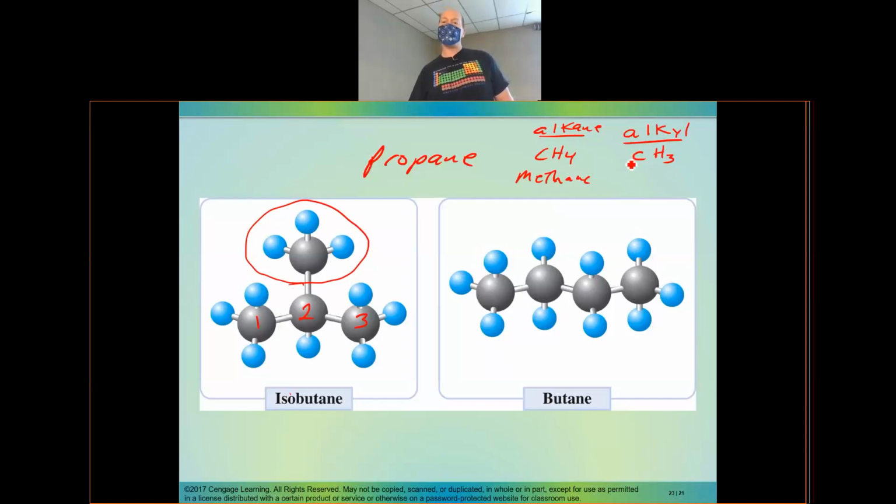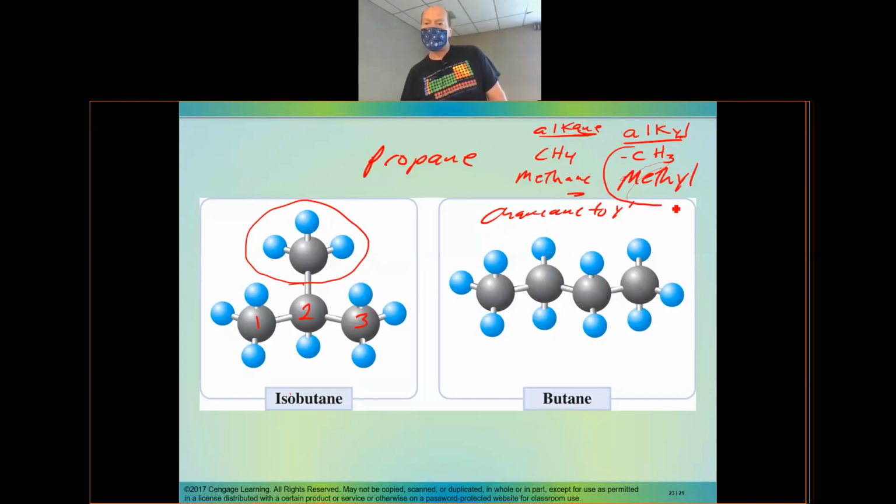Alkyl is a group, not a compound. Alkane is a compound, you have 4 bonds to carbon. Your alkyl group has just 3 bonds. It has to attach to something. To name it, instead of an ANE ending, we have a YL. So we change the ANE to YL. So this is methyl. Your CH3 is a methyl group.